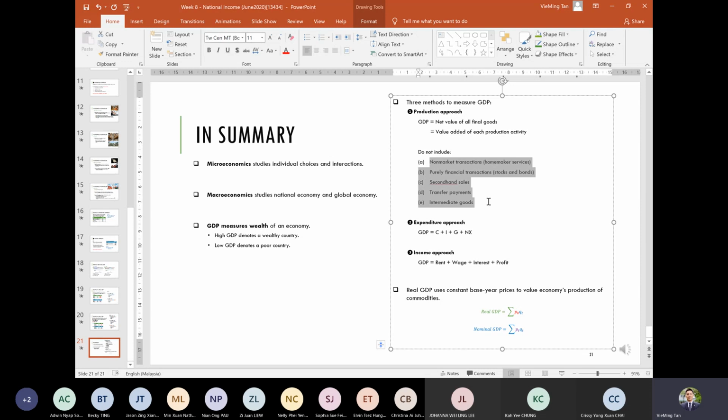If the products are for self-consumption without business transaction in the market, they are also not included in the GDP calculation. And if the business transaction involves financial transactions such as stocks and bonds and interest, they also should not be included, because all these transactions do not generate productive values to the economy. Okay, so they should not be included in the GDP.